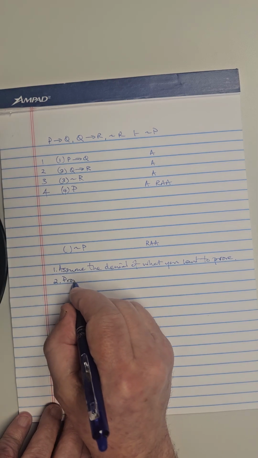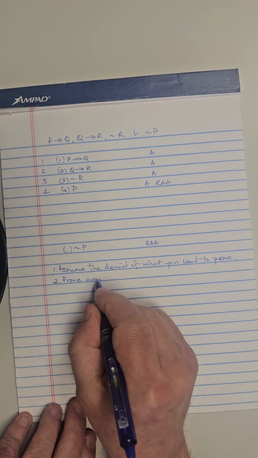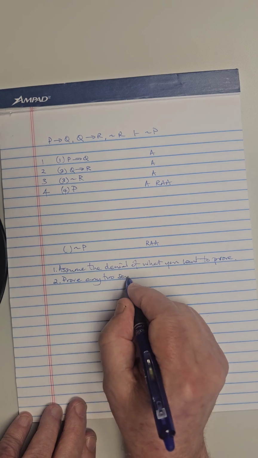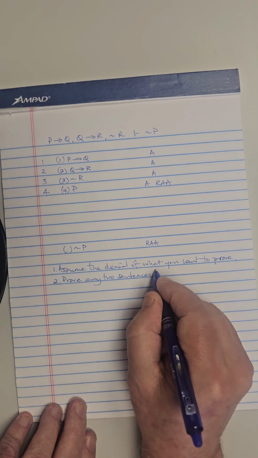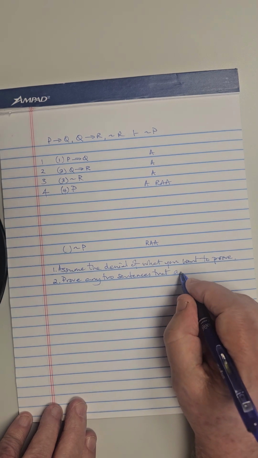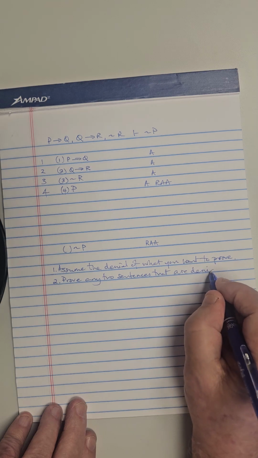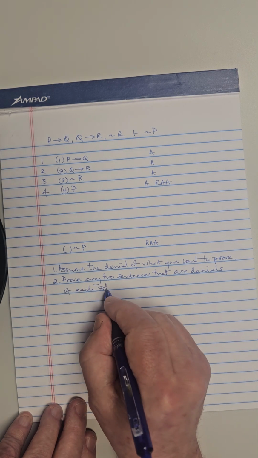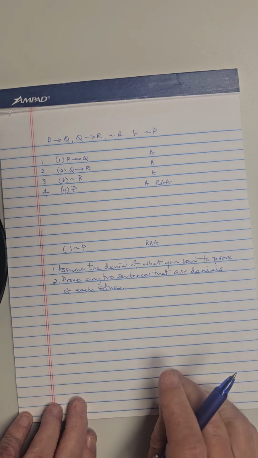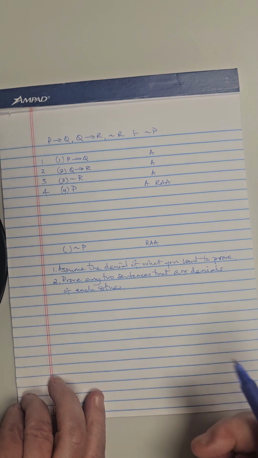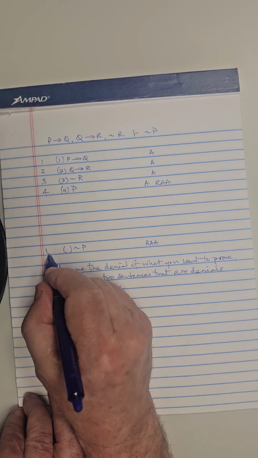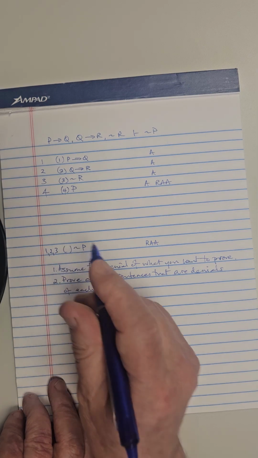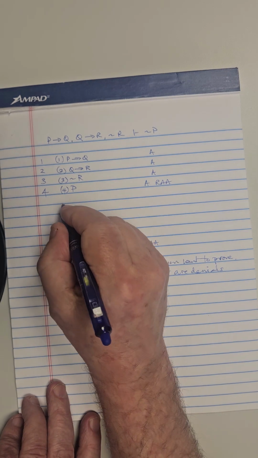The next step is to prove any two sentences that are denials, that's to say, denials of each other. And here we can do so rather easily.